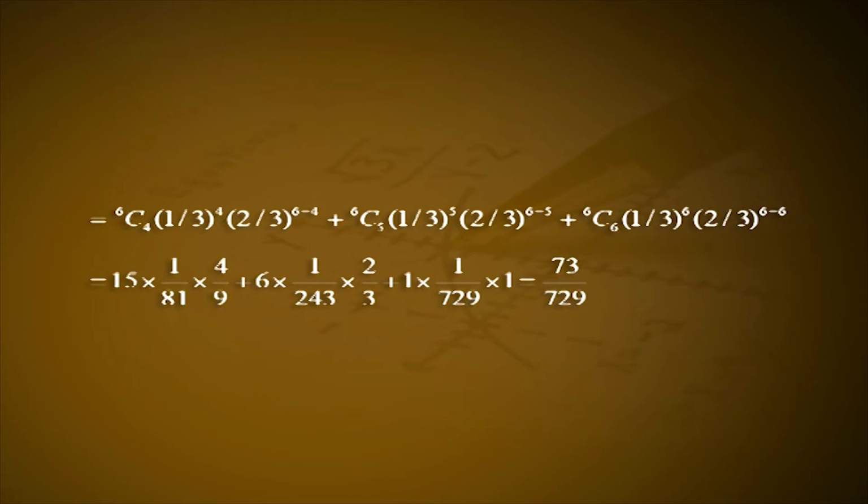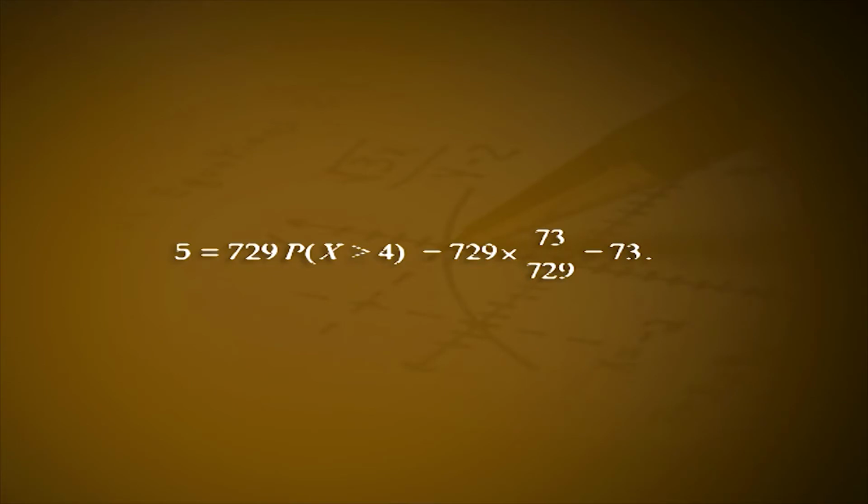That is 15 into 1 by 81 into 4 by 9 plus 6 into 1 by 243 into 2 by 3 plus 1 by 729 into 1, that is 73 divided by 729. Hence, the expected number of trials with at least 4 dice to show the sides with the numbers 4 or 5 is equal to 729 into P of X greater than or equal to 4. That is equal to 729 into 73 divided by 729, that is equal to 73.